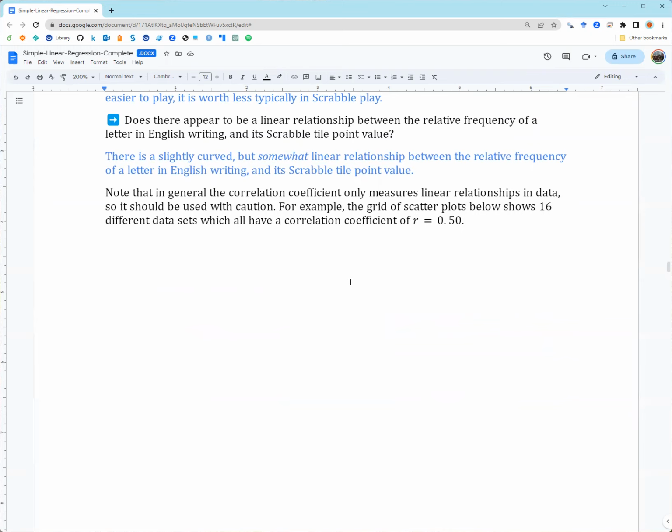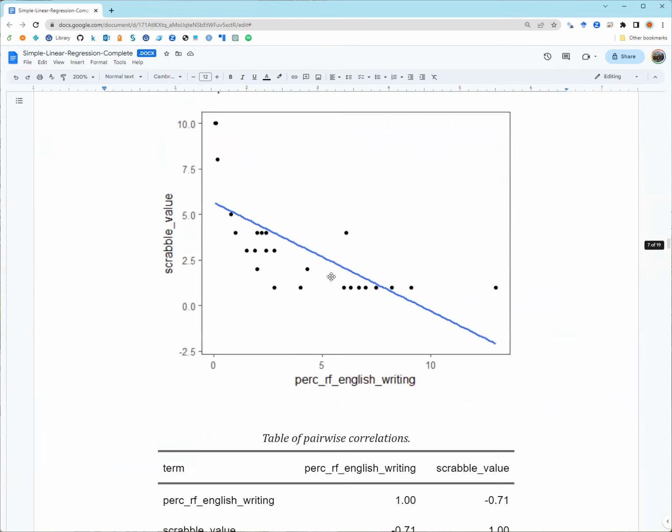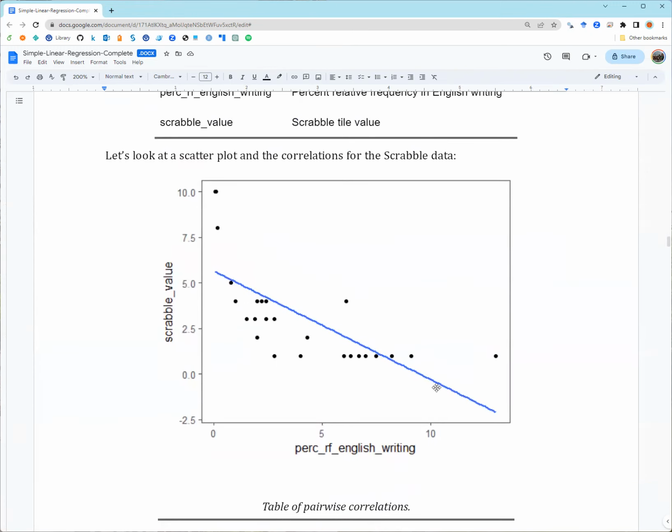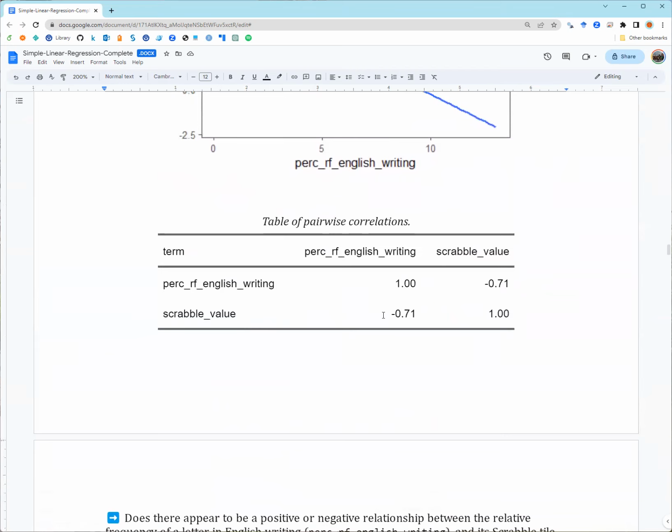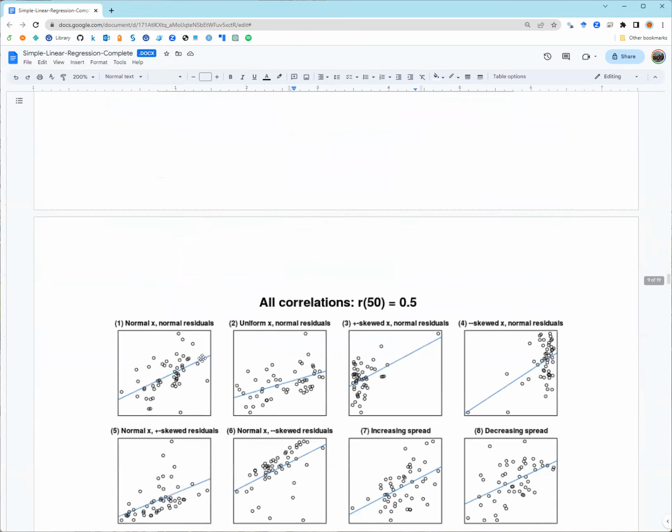But note that when a straight line or linear relationship is a little bit questionable, or if it's very nonlinear, the correlation coefficient is not very reliable. The correlation coefficient only describes straight line or linear relationships between variables. Okay.